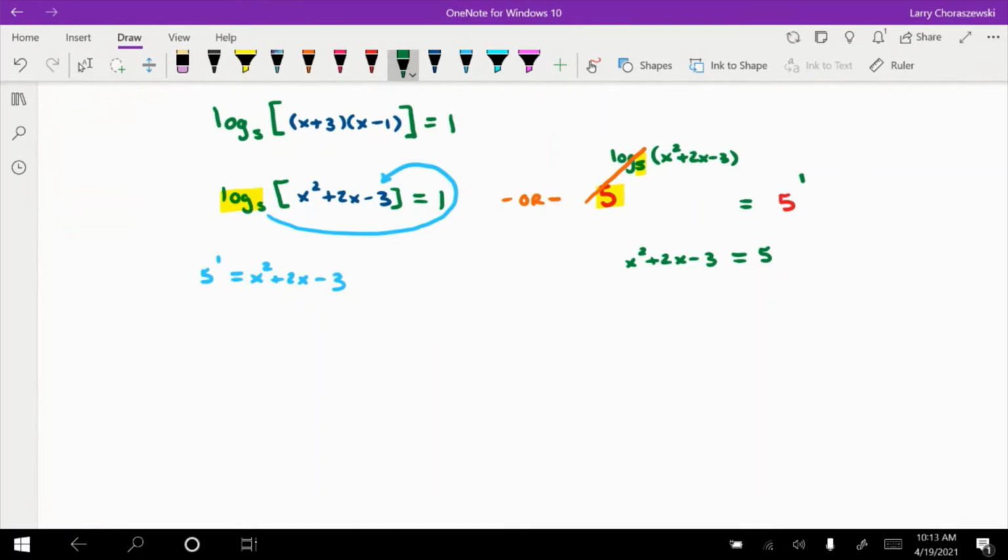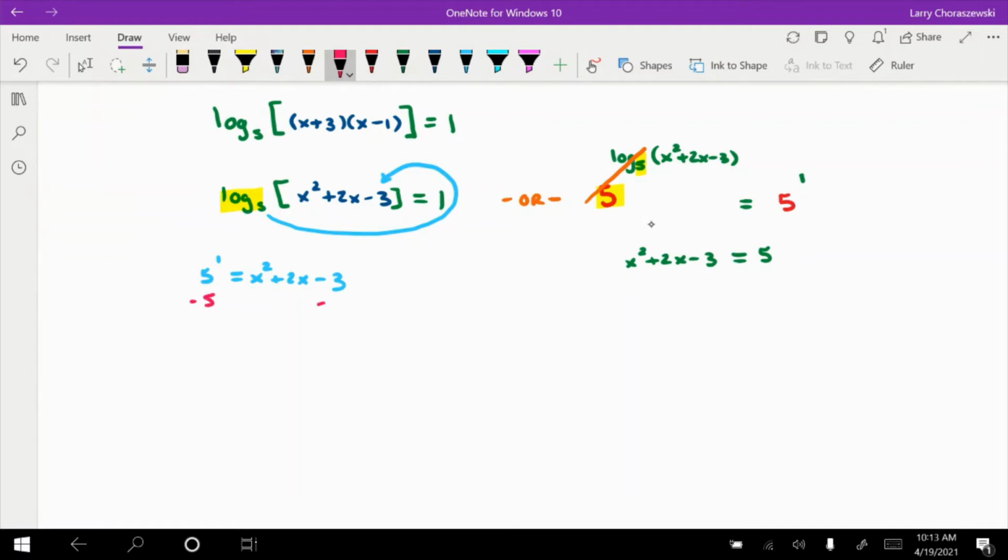So you're welcome to use whichever method you prefer most. You can use a log loop method like we have on the left, or you can use a BS method where we raise each side by the base 5. Either way, you should come up with the same quadratic equation. So I'm just going to solve one of them.